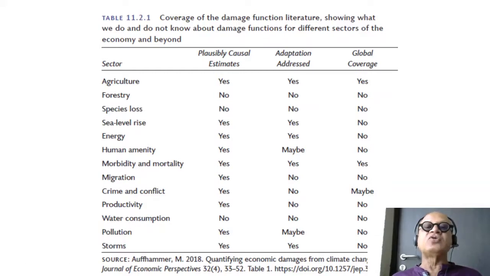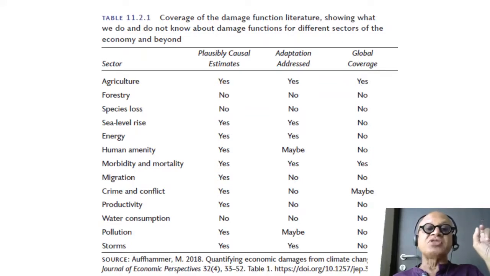So not only quantifiable market goods but also non-market goods, and here are the sectors, here are the plausibly causal estimates relating to CO2 emission and impacts on this particular sector. Adaptation, was it included and stressed or not? And whether the coverage of the study was global or not.